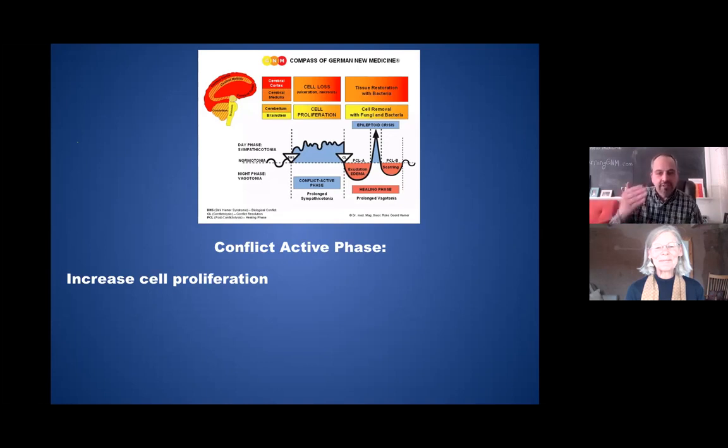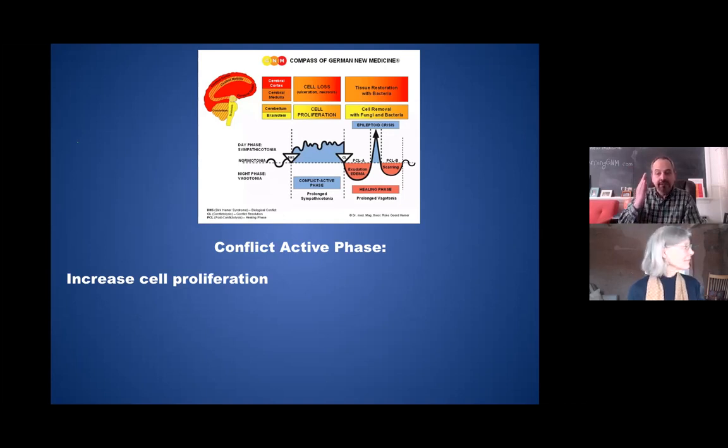This, again, we're going to keep this diagram up so we can keep going back to it. So we're in the conflict active phase right now. So we have an unexpected shock. Subjectively, we perceive it as an attack conflict, but we don't know at that moment that it's an attack conflict because it's subconscious. We don't have many symptoms at the moment it happens, okay?